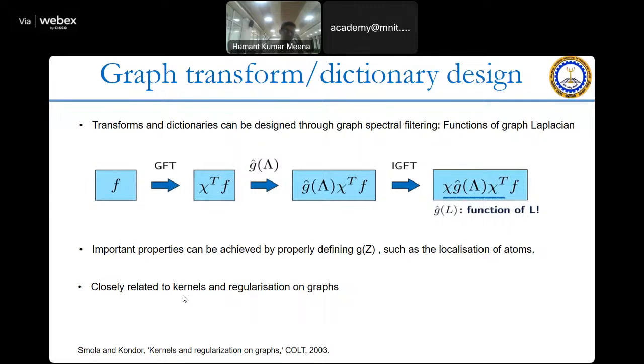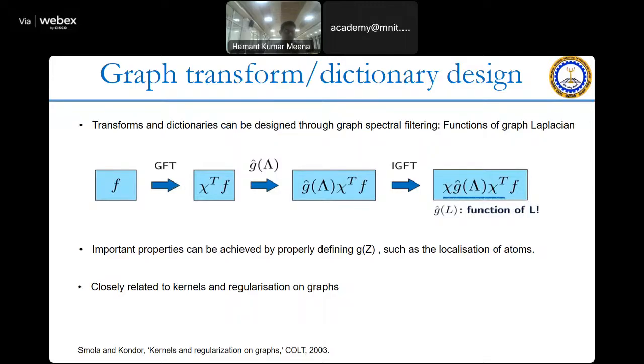So these things bring out uniqueness in the graph signal representation. Once anything is represented in the form of a graph signal, we are able to apply different types of functions, like the graph Fourier transform and graph spectral filtering, and we are able to see the impact. Remember, the impact is not that regular one. Please keep in mind that the concept which we are reading now is the theoretical concept.